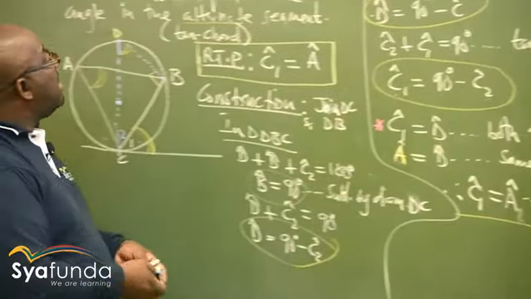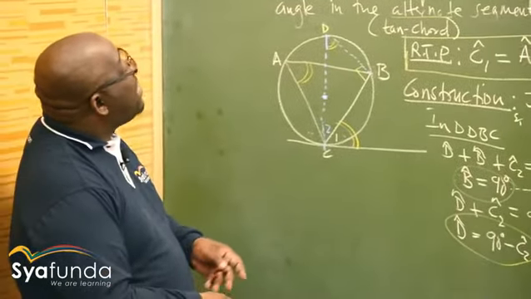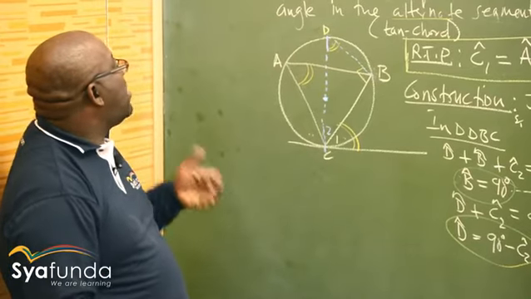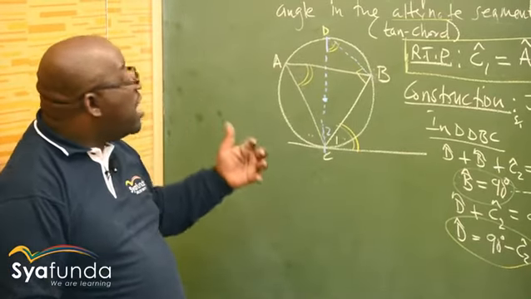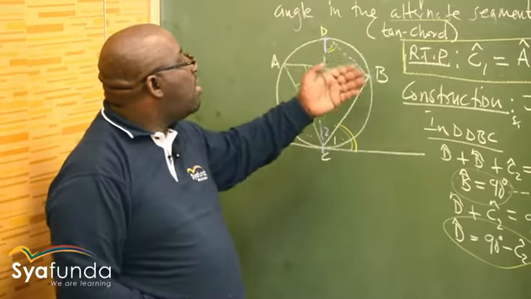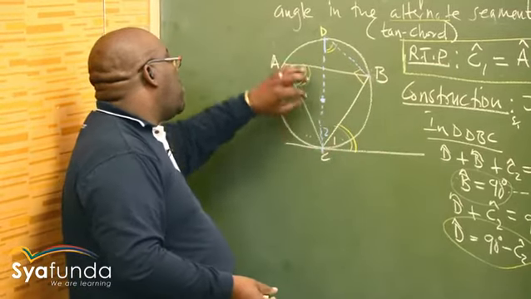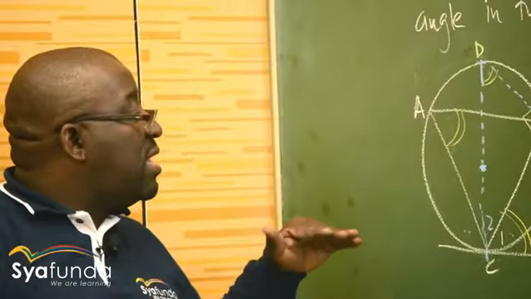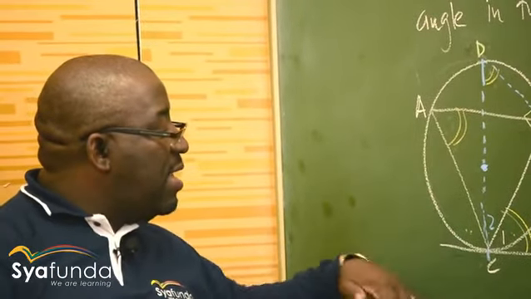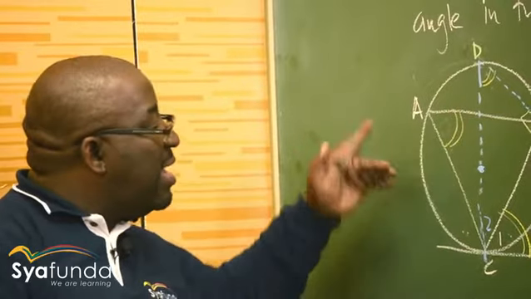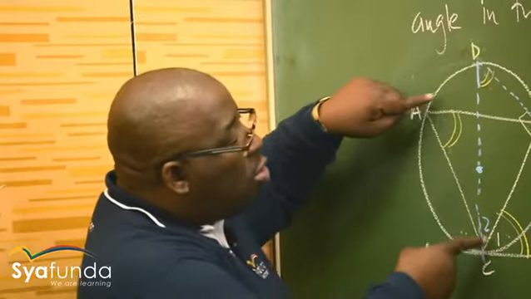So this theorem says the angle between a tangent and a chord is equal to the angle in the alternate segment. To abbreviate it, we say tan chord theorem. Any angle between a tangent and a chord will always be equal to the angle in the alternate segment. There's nothing stopping us from coming from this side. This is the tangent, and this is the chord. You go with your chord to the circumference.